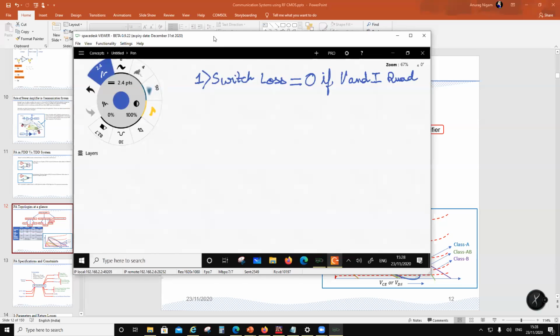Now, the next thing is, when I switch on, I am going to ground the charge stored in the parasitics. So the other cause of loss is the energy stored in parasitics.